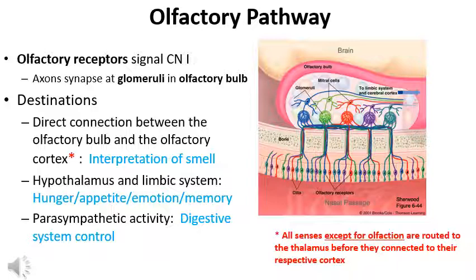The ethmoid bone is the floor of the skull, lying between your olfactory region and this thing called the olfactory bulb, where all of these sensory neurons are going to meet and then route outwards through the olfactory nerve, cranial nerve number 1, that ultimately is going to connect to the olfactory region of the cerebral cortex.